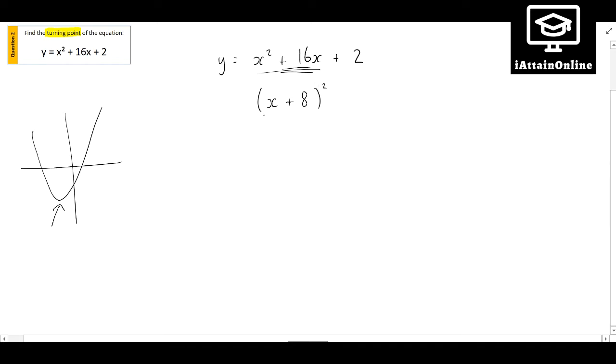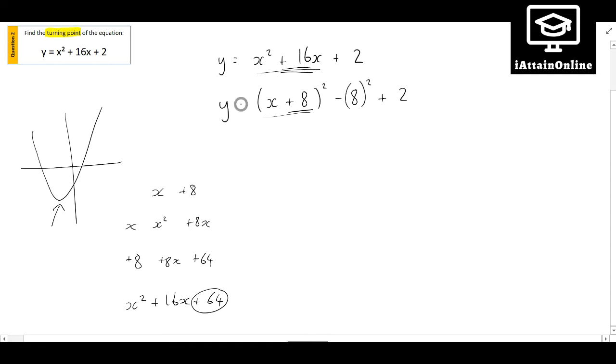Now, if I expanded this bit here, x plus 8 squared, I would get x squared plus 8x plus 8x plus 64, or x squared plus 16x plus 64 if I simplified that. I didn't want this bit here, so I want to take away 8 squared, and then I can put that plus 2 on the end, and that was y equals.